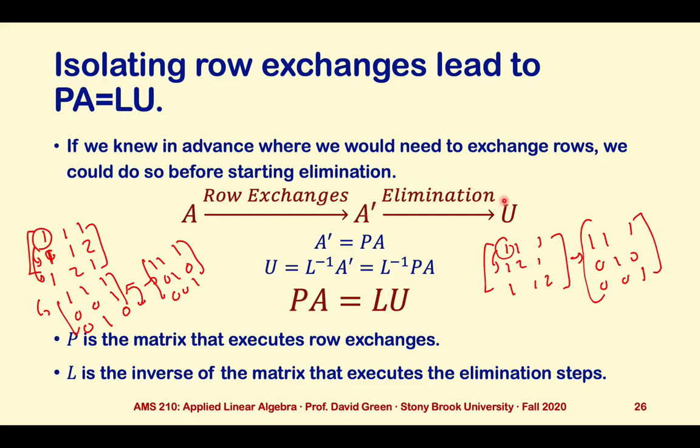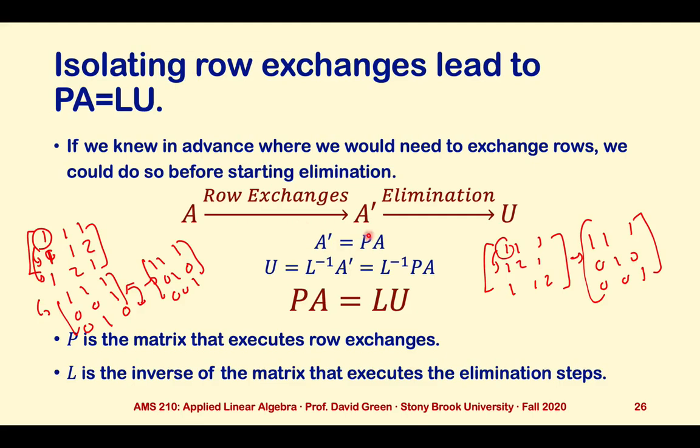Following through those steps to an upper triangular form, this elimination matrix does not require any row exchanges, so it is the L inverse. It's a lower triangular matrix. U is generated by L inverse times A prime.